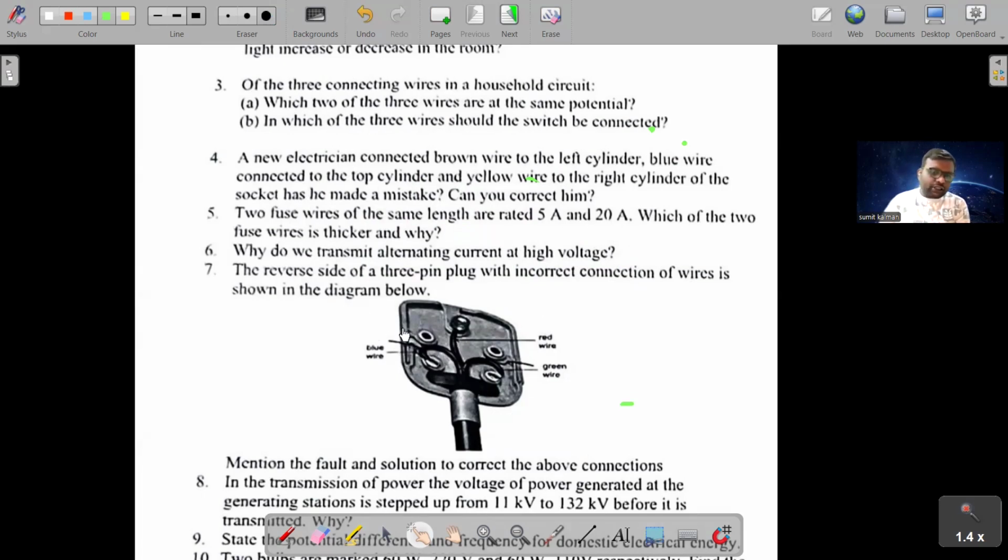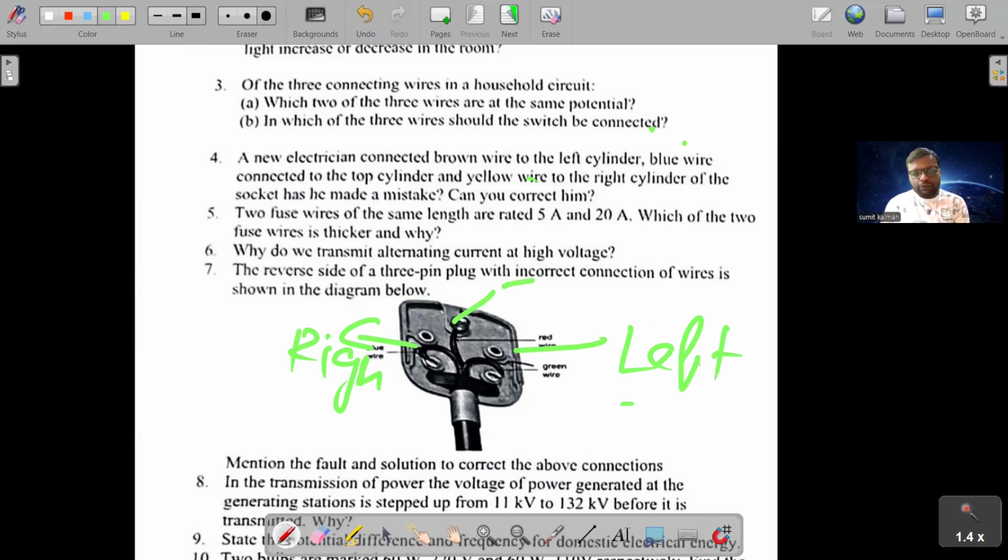As you will see here, this blue wire, and this is reverse side, so it should be right, not left. It should be right and it should be left. Is this clear? And it should be top. So as you all know the color coding of wires, you can solve this problem. I'm not going into detail.